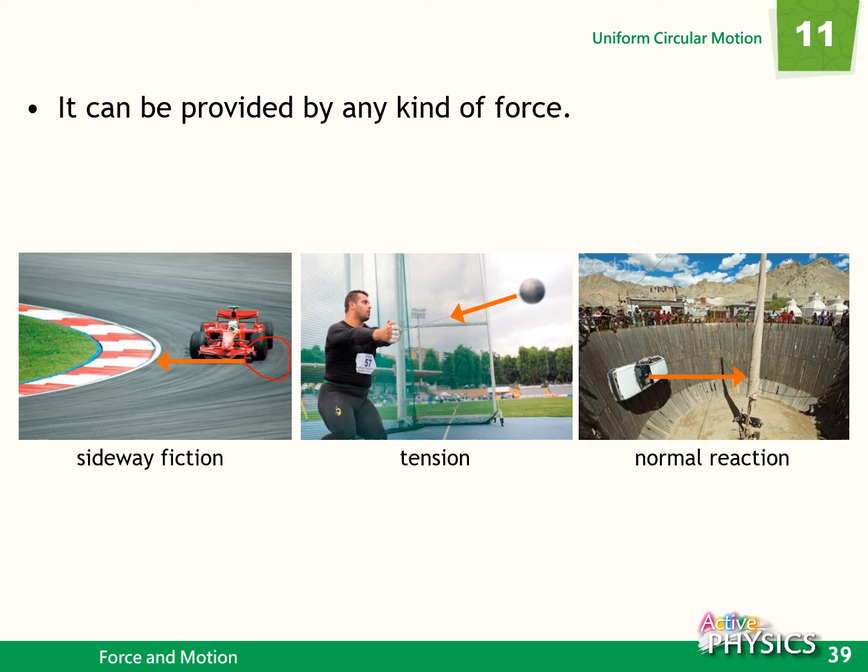Here, the tension provides the centripetal force. The normal reaction provides the centripetal force. If your boyfriend is orbiting you, then your attraction provides the centripetal force. But this is the net force.